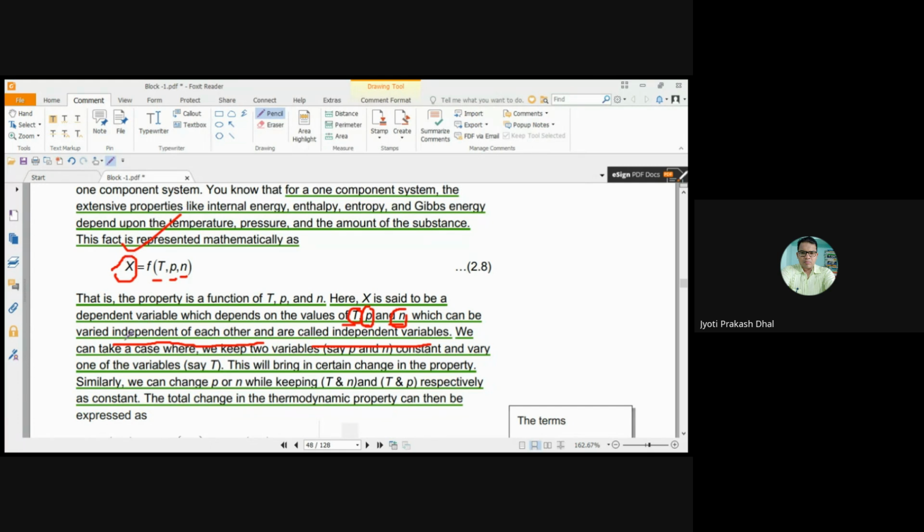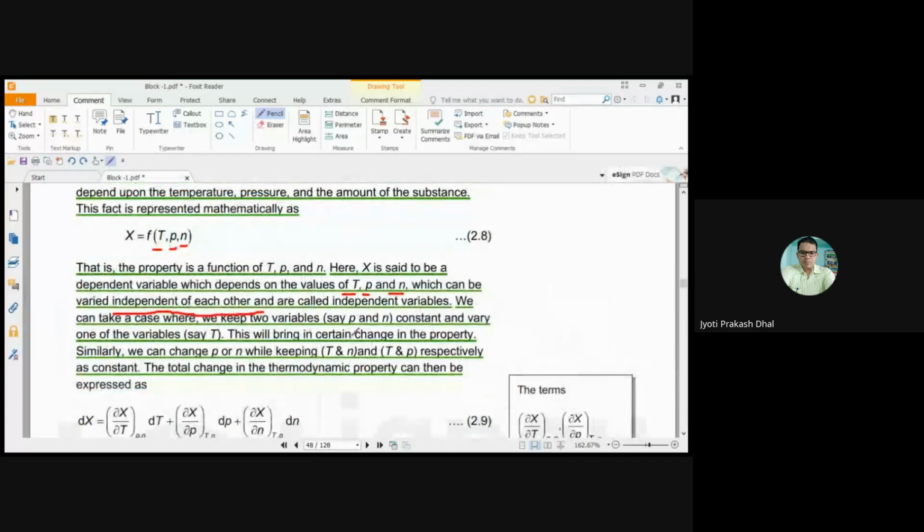Now here we have considered X as any extensive property. X is a function of temperature, pressure, and number of moles.